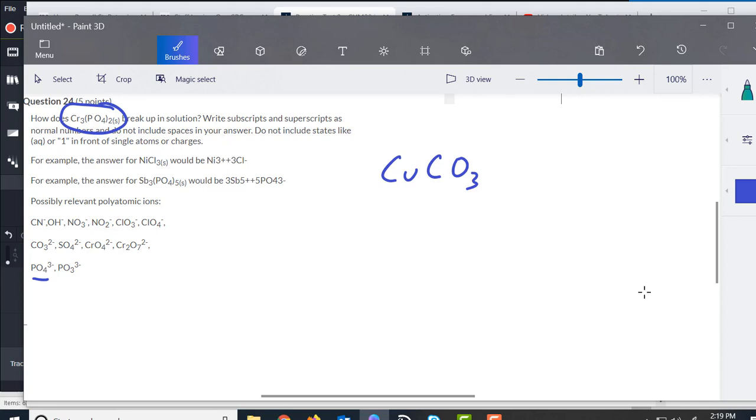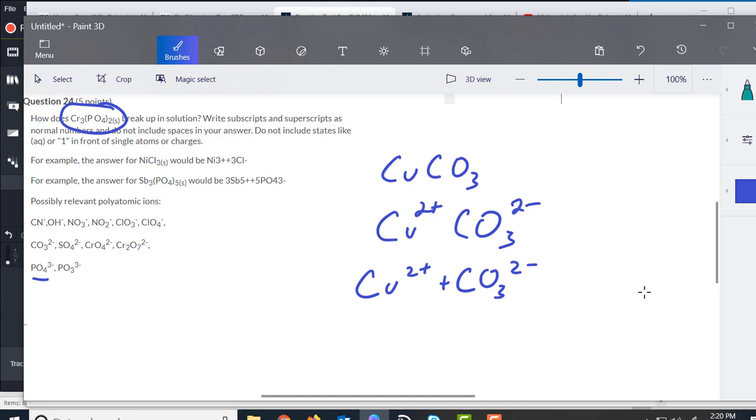Here there's no parentheses, so what that tells us is it's Cu and then 1 CO3 grouping. We know that CO3 has a negative 2, that means the copper has to be plus 2, and then we can do our answer, which would be Cu2+ CO3 2-, and then formatting would look like this: Cu2+ CO3 2-.